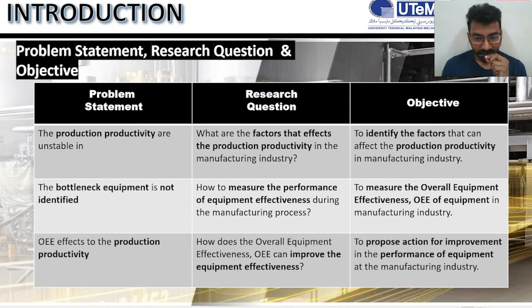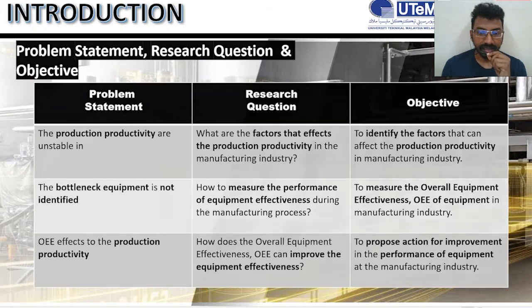Based on this, I have made 3 objectives for my project, which is to identify the factors affecting the productivity in the manufacturing industry, measure the equipment effectiveness using OEE, and propose actions of improvement for the equipment.